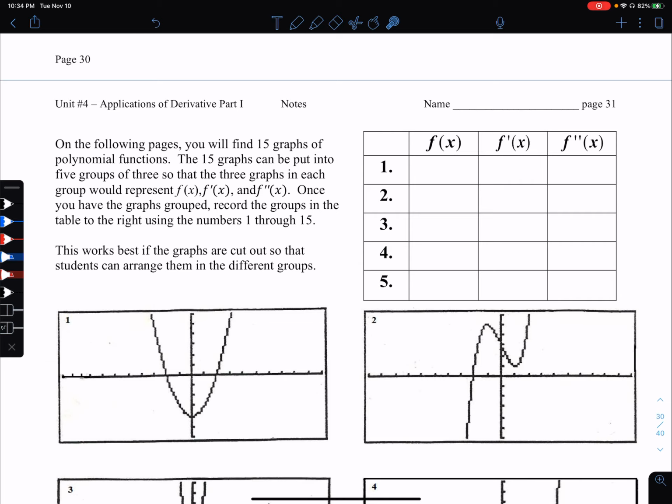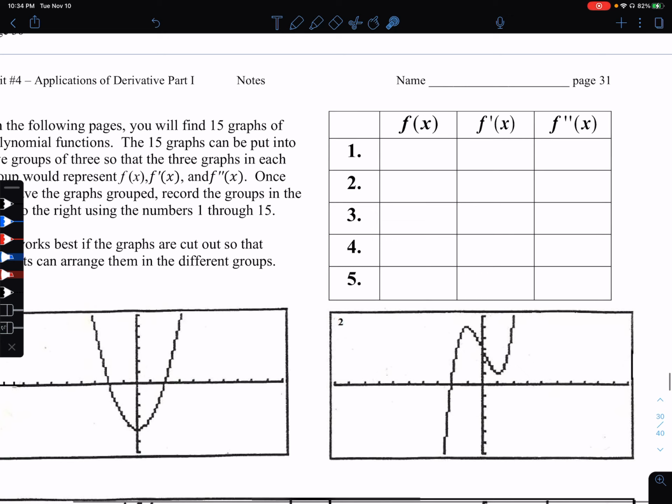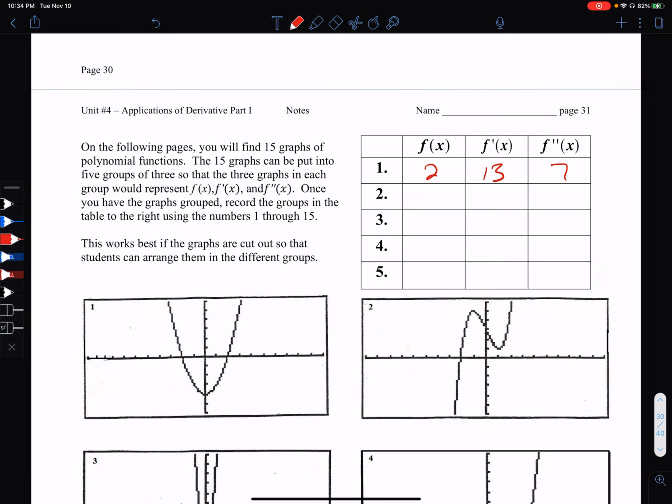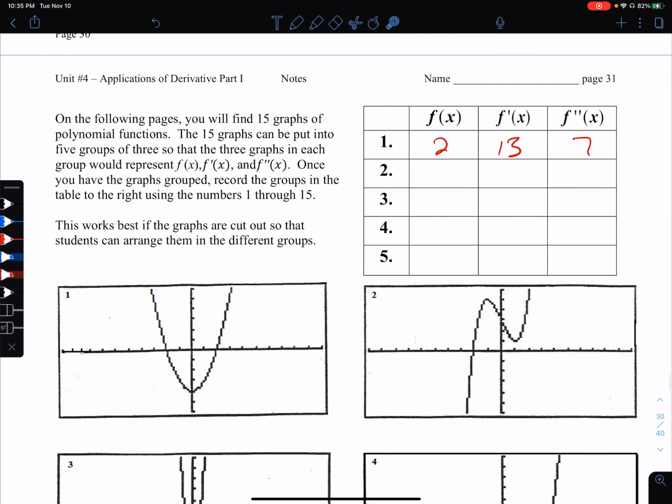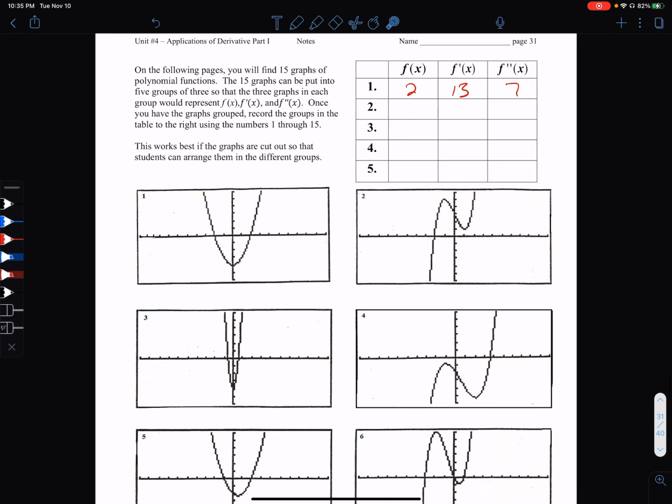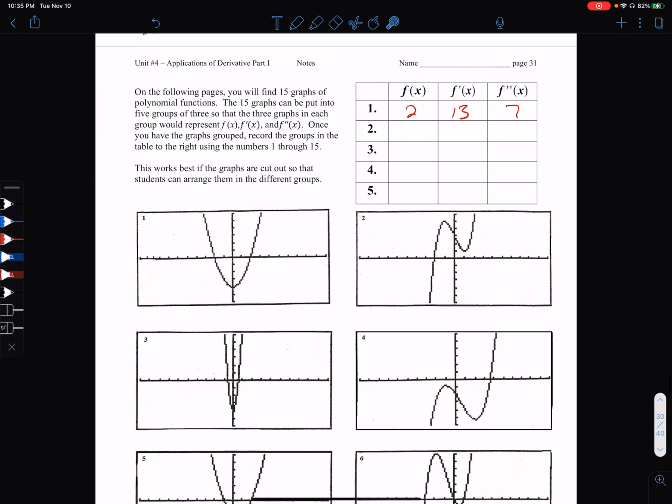And we're back. Let's say that you did your f of x. The first one is 2. Its derivative would be 13, and its second derivative would be 7. Let's just examine that real quick. So here's function 2. 13, I'll tell you what.